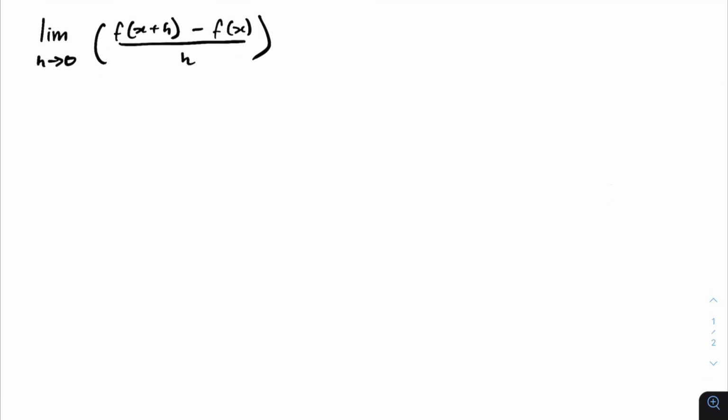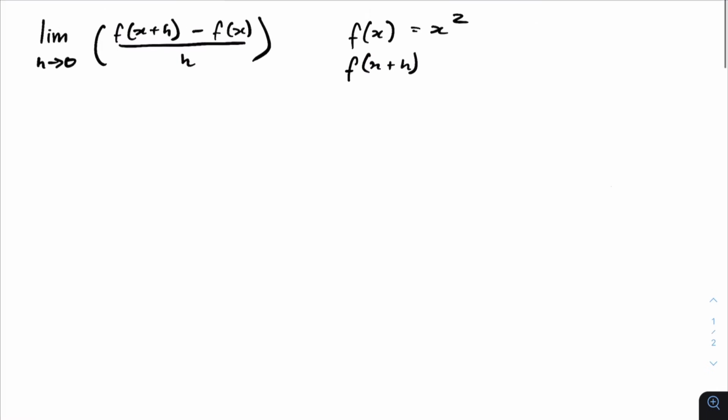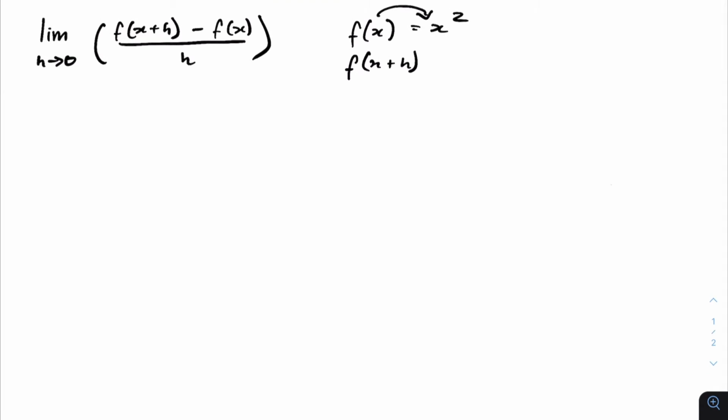Now we need to show how this first principle works. Let's take the function x squared, which we write as f of x equals x squared. The other way we could write it, if we were putting in x plus h, is f of x plus h. For every x that's put into the equation, in this case it would be x plus h squared.